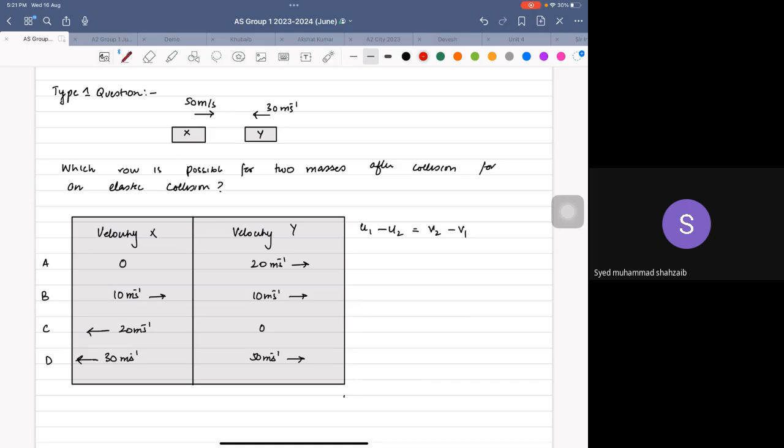So in the first step, we want to understand that signs are given to directions. For example, if I take this side as positive, I'm going to take this side as negative.